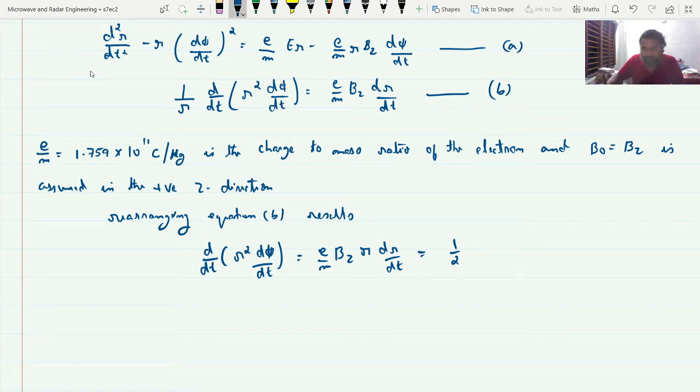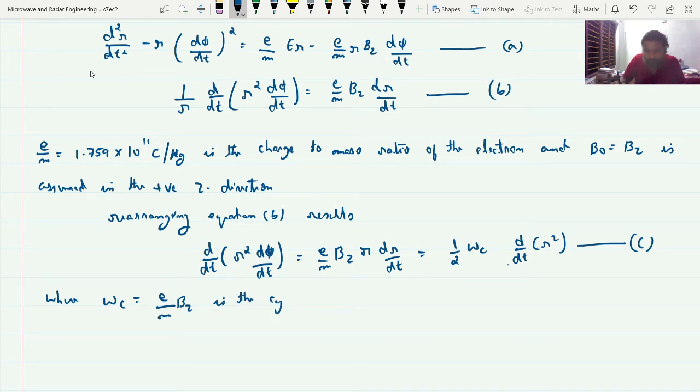1 by 2 omega c d by dt of r square. I call this equation C, where omega c is nothing but E by m B_z, the cyclotron angular frequency.